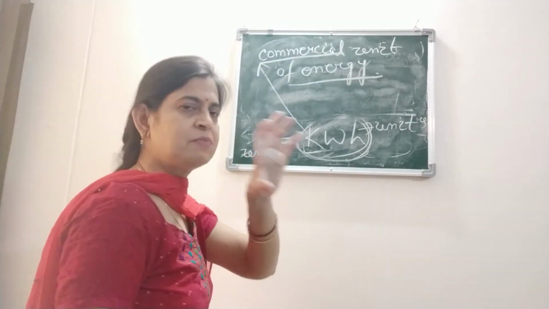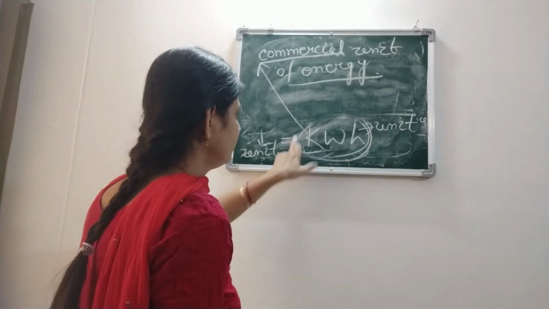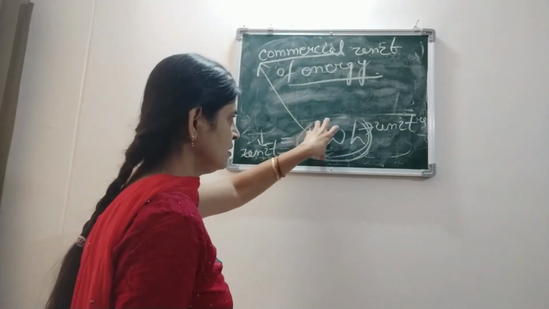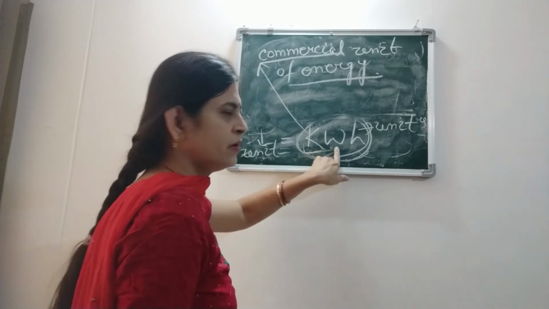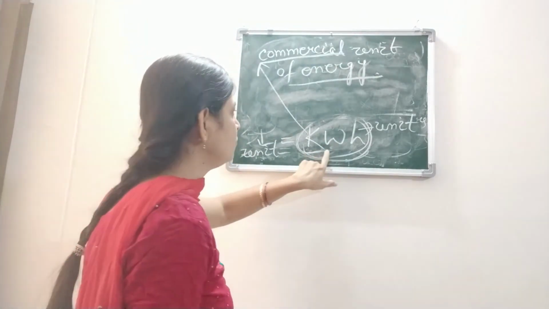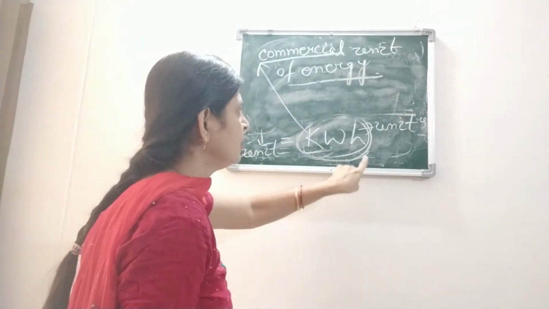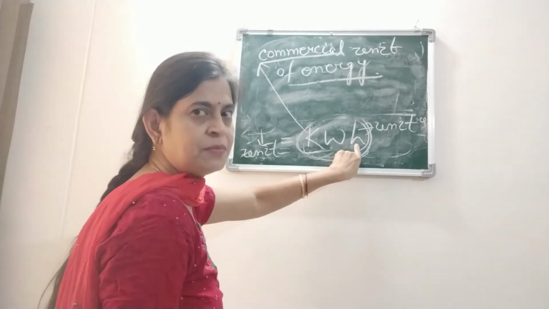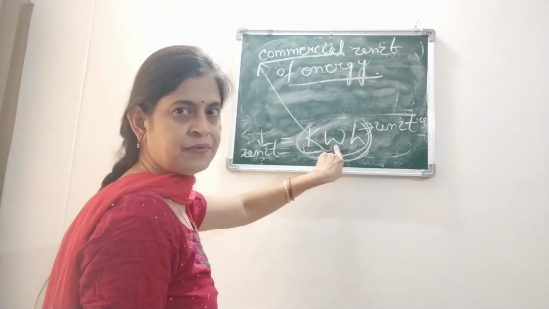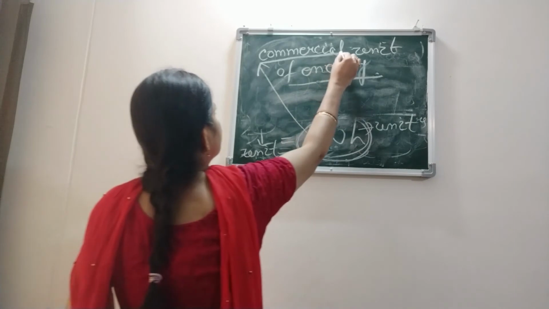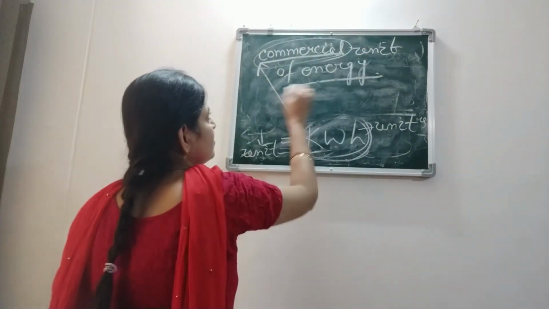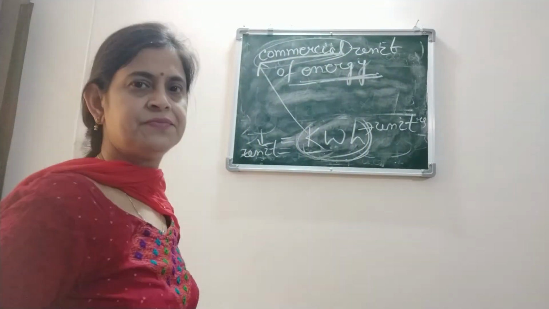Sometimes maximum students write down kilowatt hour as the unit of power, but this is the unit of your energy, because time, meaning hour, is also multiplied with your power. So this is the commercial unit of energy.